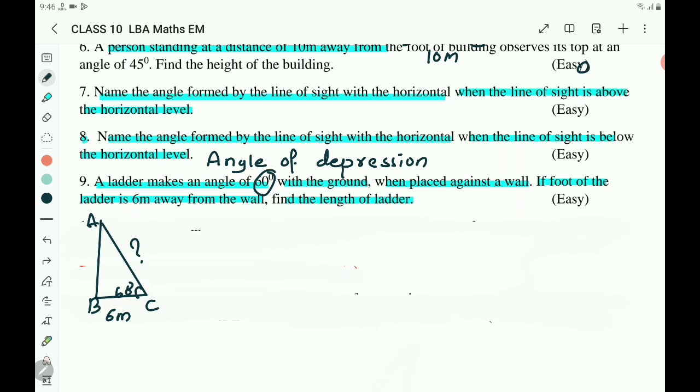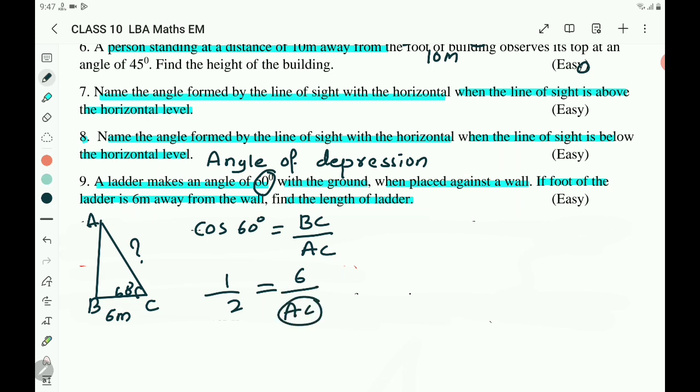So you take cos 60 degree equals adjacent side BC by AC. Then cos 60 is 1 by 2, BC is 6 and AC is to be find out.